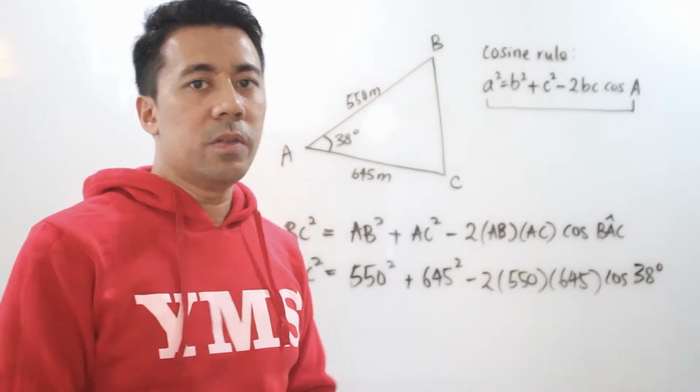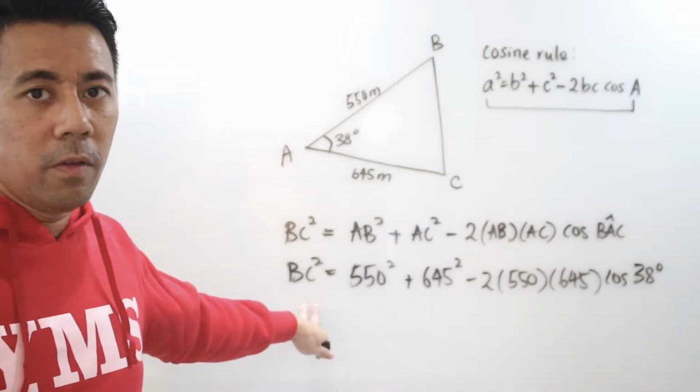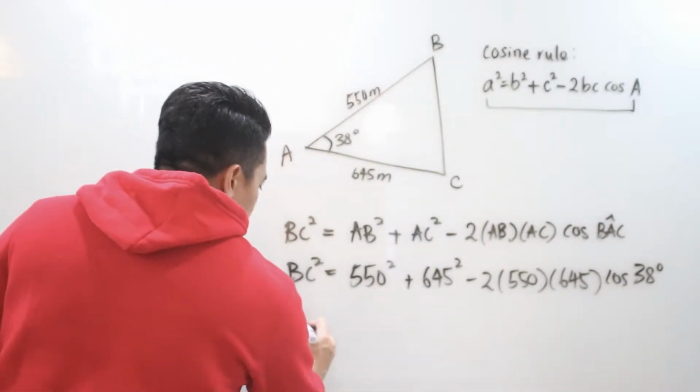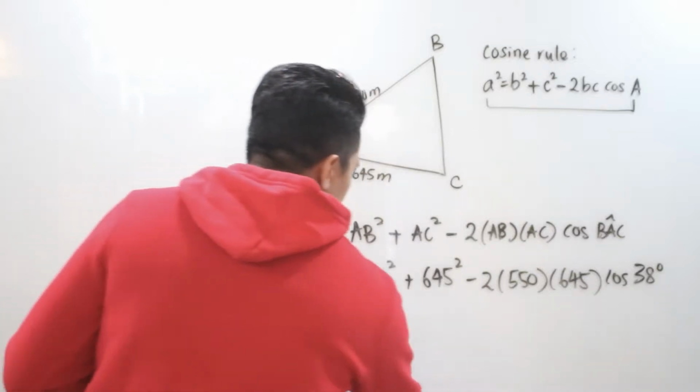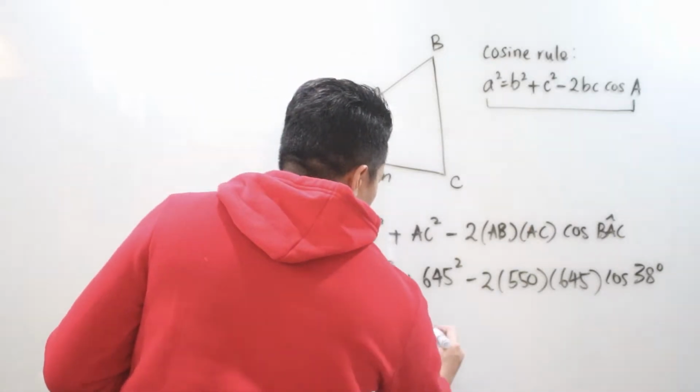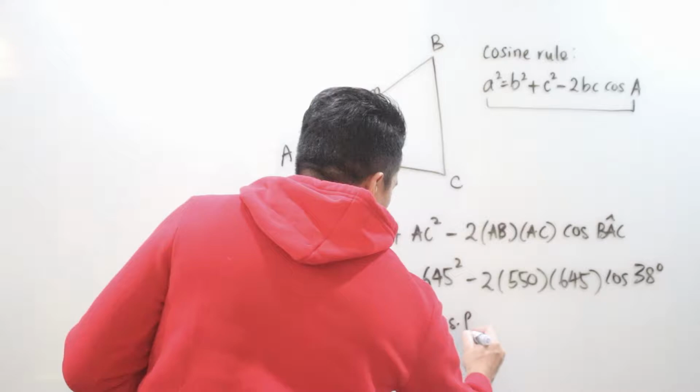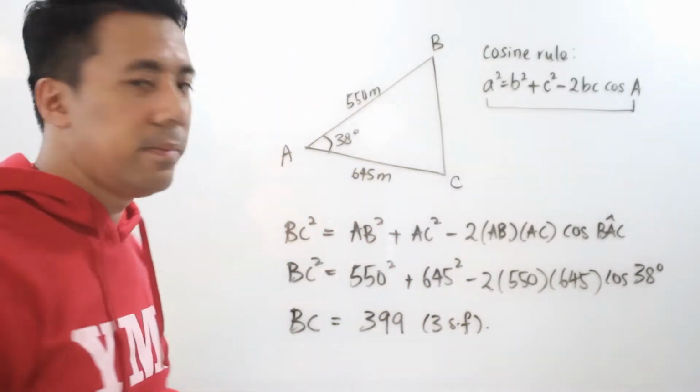If you just use your calculator to solve for BC, you eventually will get the answer to be 399, correct to 3 significant figures.